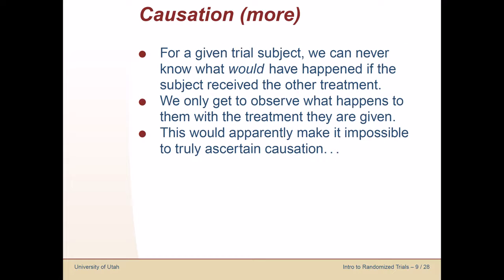However, for a given trial subject, we can never know what would have happened if the subject received the other treatment. We only get to observe what happens to them with the treatment that they are given. So, from this point of view, things seem a little bit futile, and apparently it's impossible to truly ascertain causation.